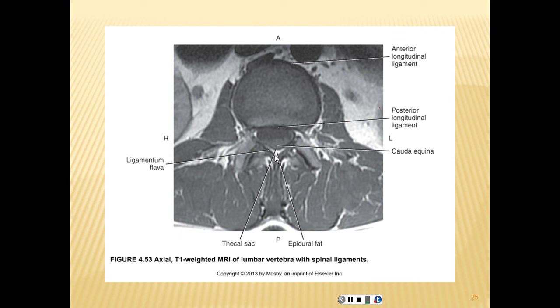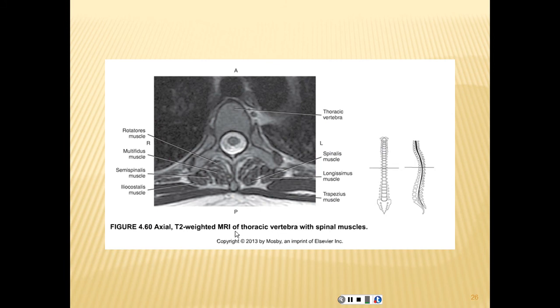That lines the posterior borders of the thecal sac. This is the thoracic vertebra. How do we know? Because we have costal facets, and we have a spinal cord. We have a picture of the rib, thoracic vertebra.